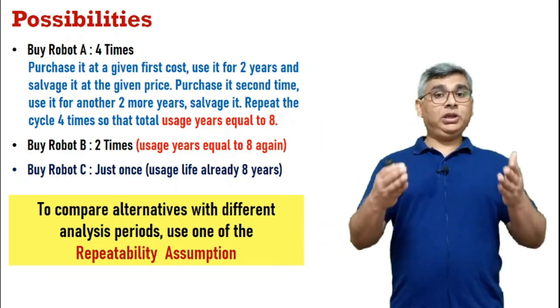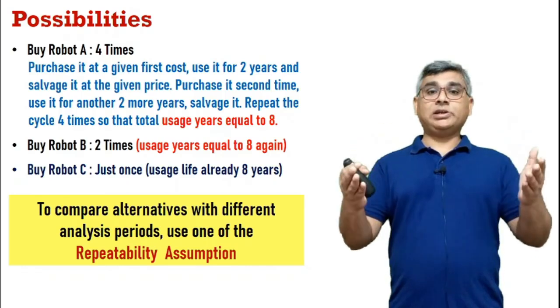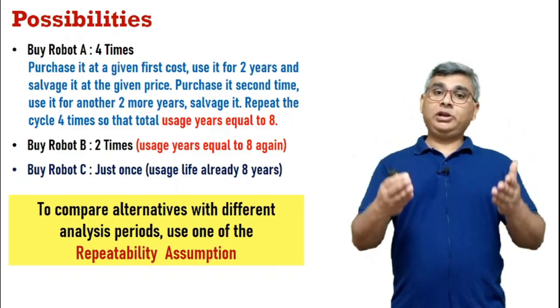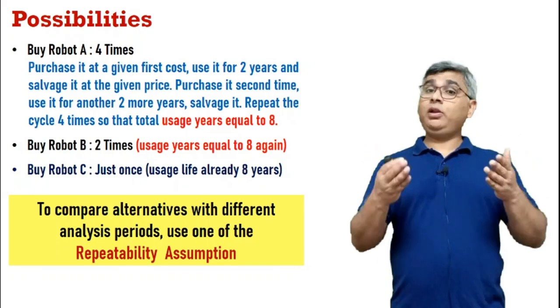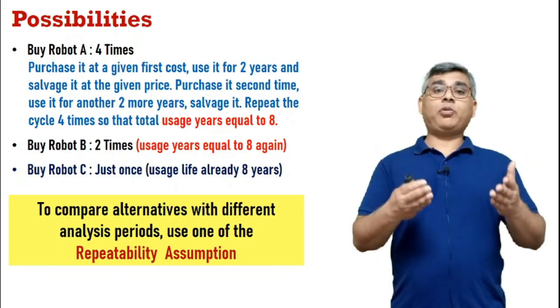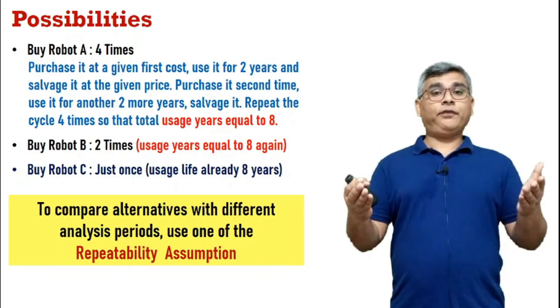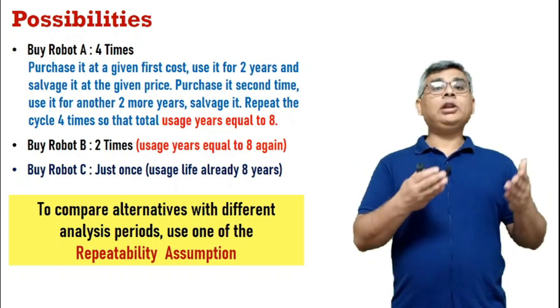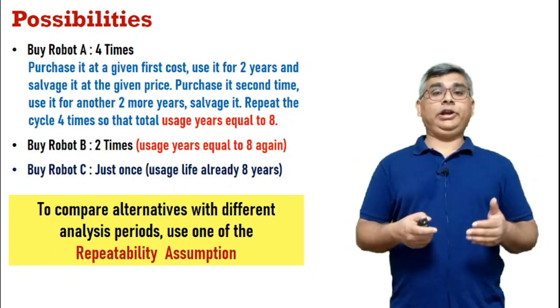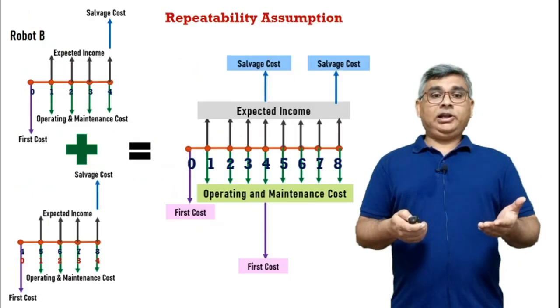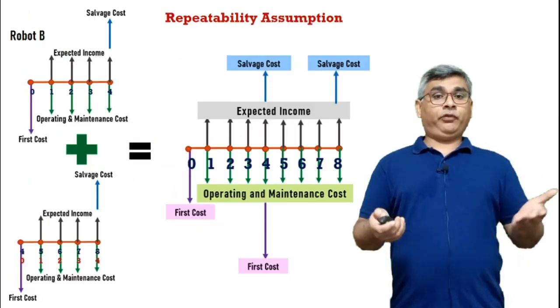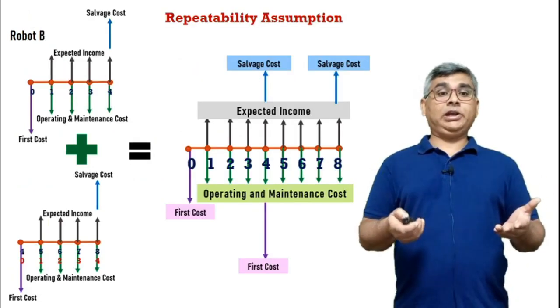This is what we mean by the repeatability assumption in a cash flow diagram, and it is extremely useful when we study problems pertaining to different lives of the alternatives. Let us see with the help of a cash flow what we mean by the repeatability assumption.